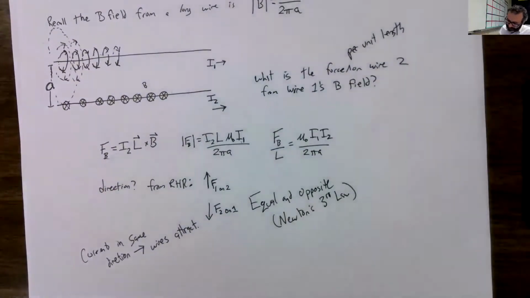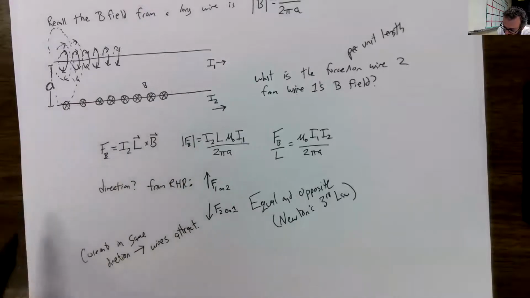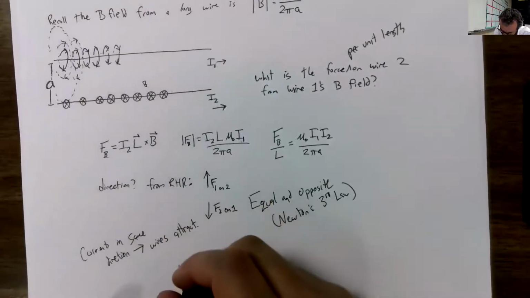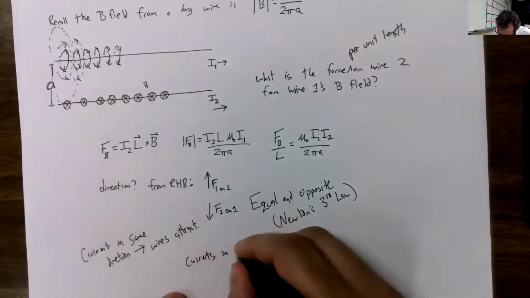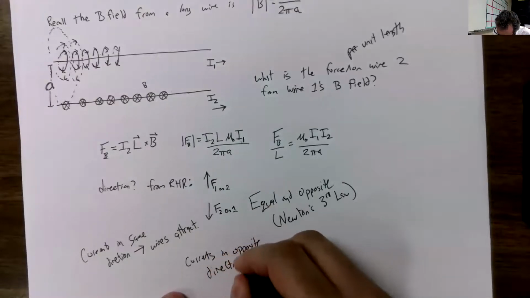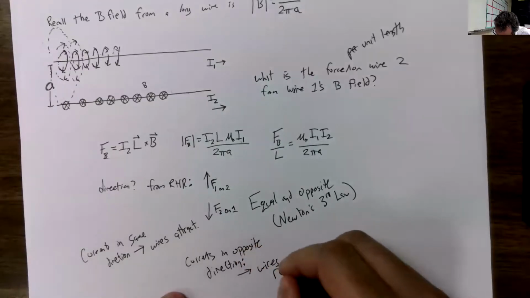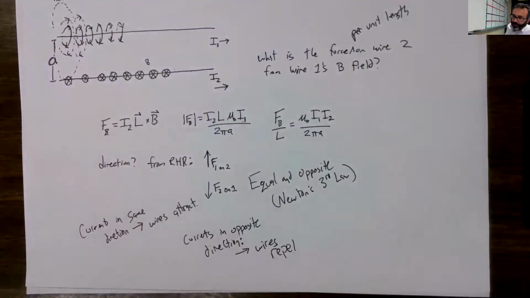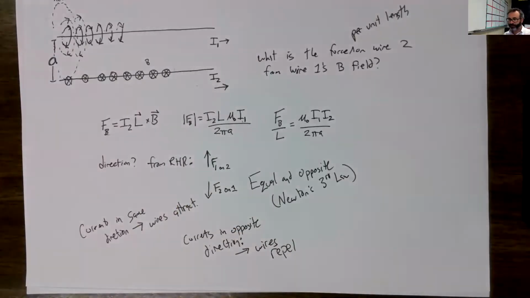So I see that if the current is in the opposite direction, they're going to repel. The force is a repulsive force. That's because we get the opposite answer from the right-hand rule if one of the vectors is flipped.